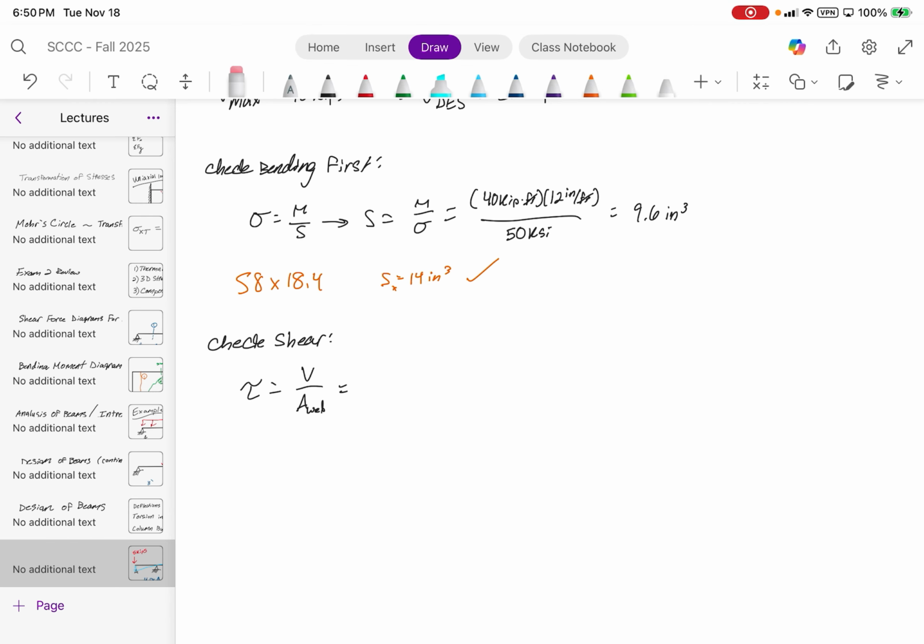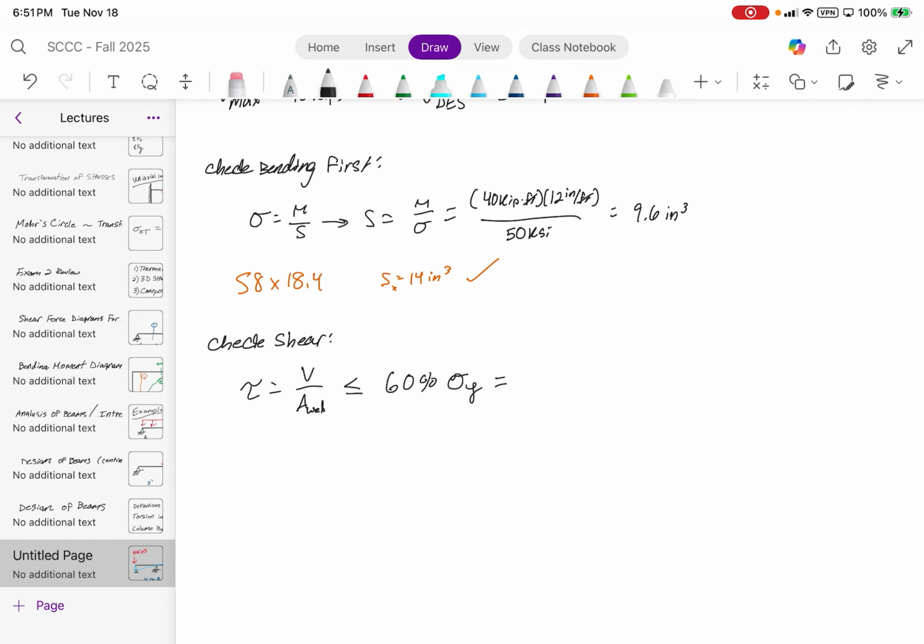I'm actually going to erase this, because technically this has to be less than our capacity for shear. Remember for steel, how we approximate the shear strength of the steel? Is it 60% of the yield? Yes, it's roughly 60% of sigma y.